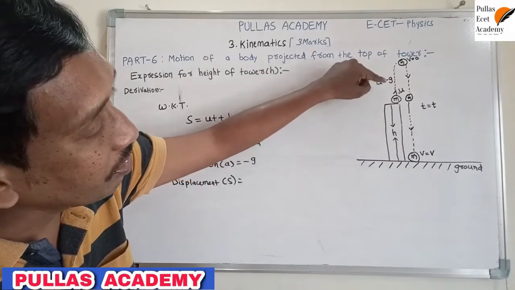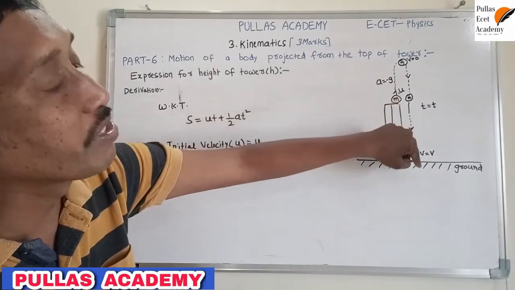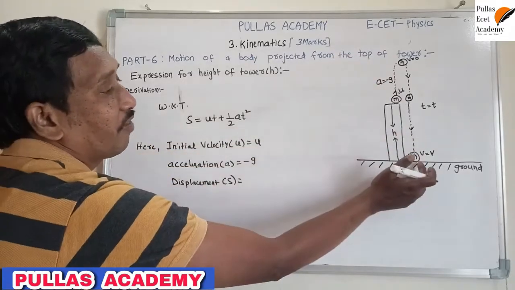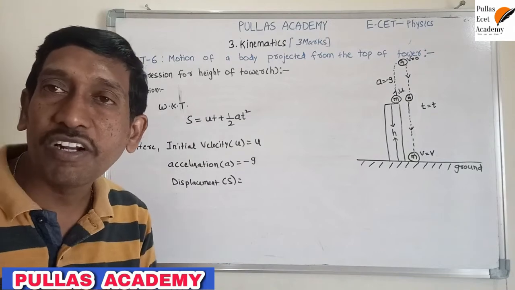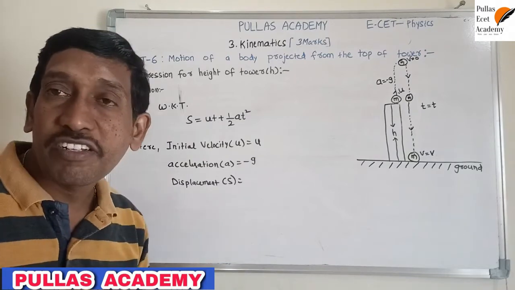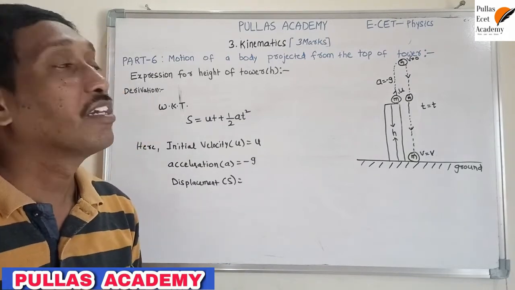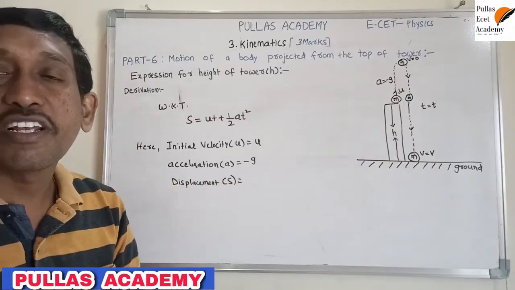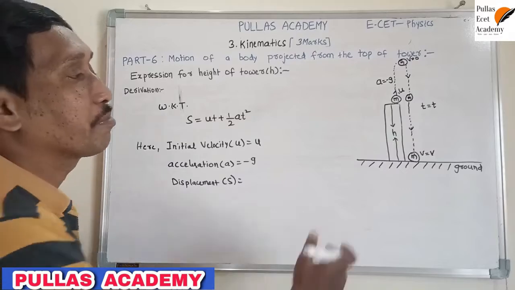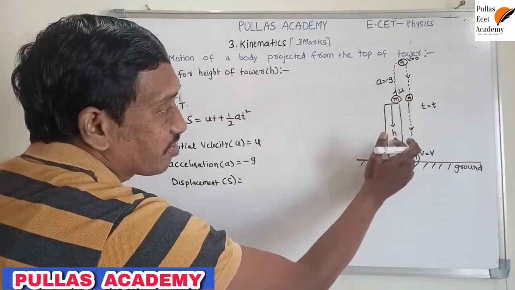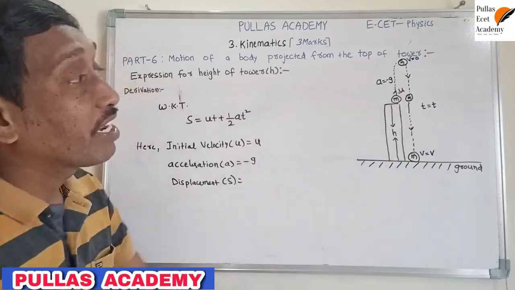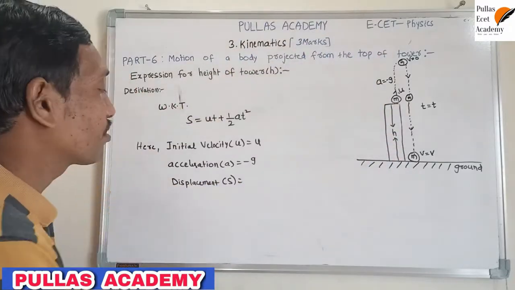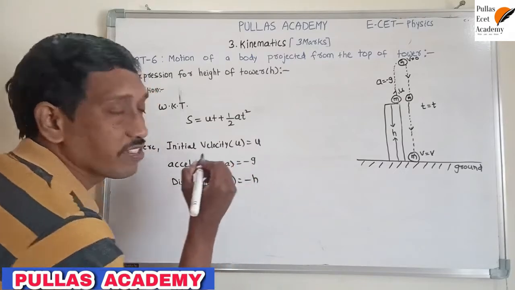That means here it is displaced in the opposite direction of the projection. Displacement is the final position minus the initial position: the shortest straight-line distance between initial and final position. Between initial and final, the shortest distance is h. But here it is in the opposite direction, projected upwards but displaced downwards. That's why we have to consider minus h.